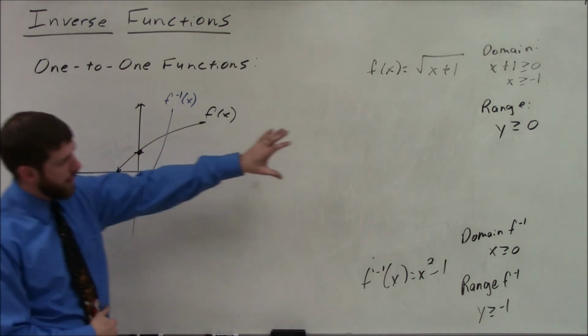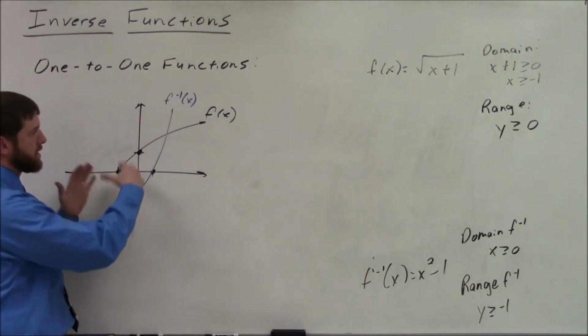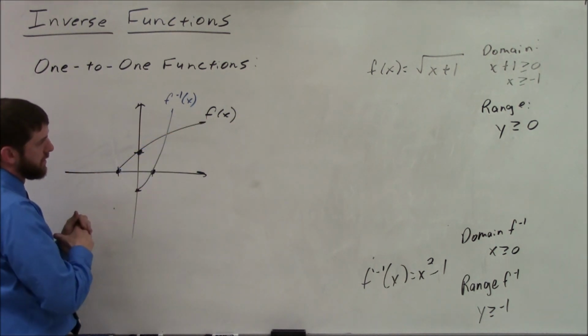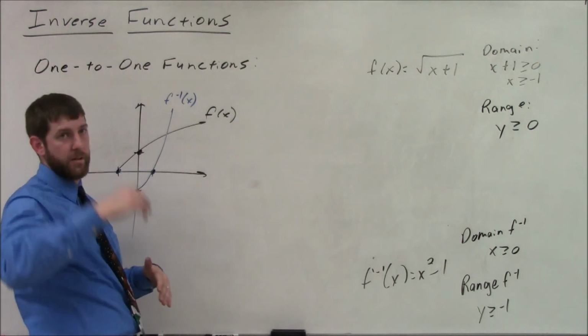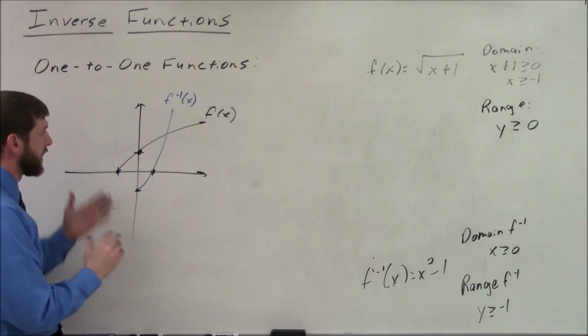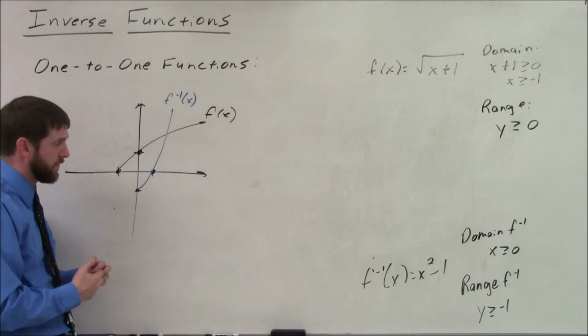So we can see why we had to have that little domain restriction on there: f of x had a restricted range. It wasn't positive infinity, negative infinity. There's a lot of stuff going on there, and that means we have a restriction on the domain of its inverse.